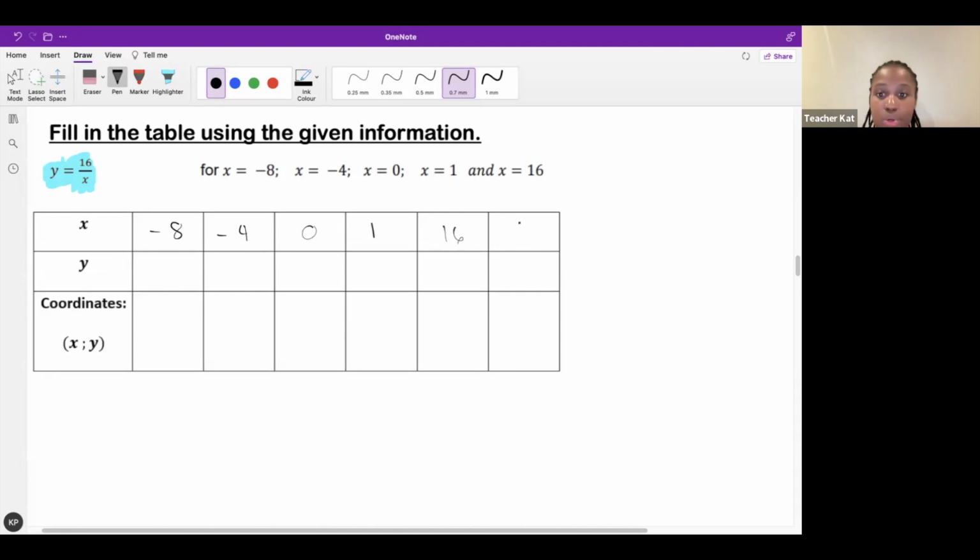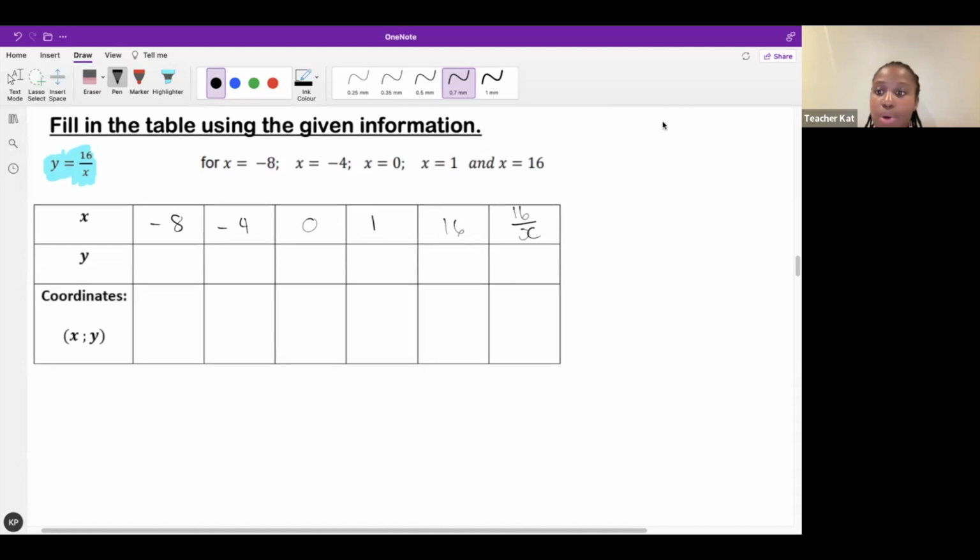Then here, I'm just going to write my formula, which is 16 divided by x. Okay, and then now we're going to work them out. Where are my outputs going to go, middle or bottom? We still have 2 columns to fill in here. Are they going to go at the middle or at the bottom? My outputs. So you guys are saying over here.